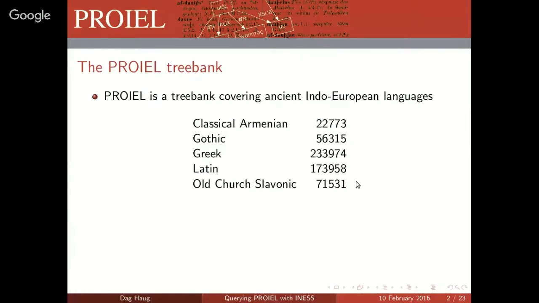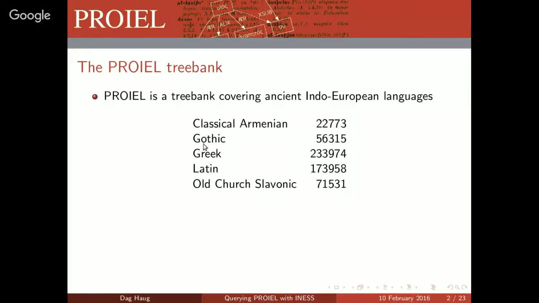So the PROIEL treebank is a treebank covering ancient Indo-European languages. We started out by treebanking the New Testament translations, so obviously the original in the case of Greek, but then the Vulgate in Latin, the Codex Marianus translation into Old Church Slavonic, and the Gothic and Classical Armenian translations. So here are the number of words we have in the various languages.